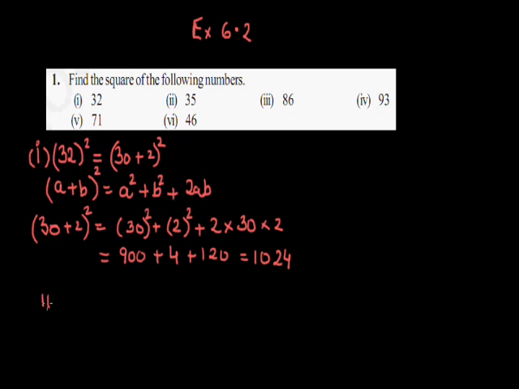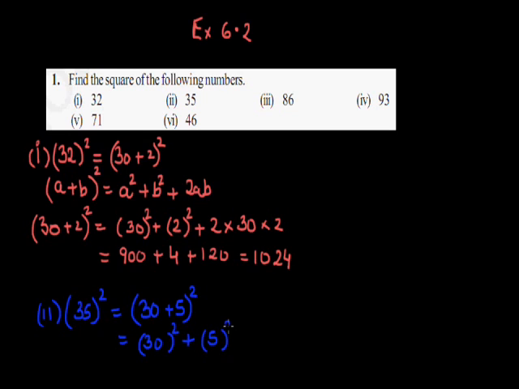Coming to the second part. I have to find the square of 35, that is 35 square. Again I can write 35 as (30 plus 5) whole square. Now again the same identity, (a plus b) whole square. So a square, that is 30 square, plus b square, that is 5 square, plus 2 into a, that is 30, into b, that is 5.